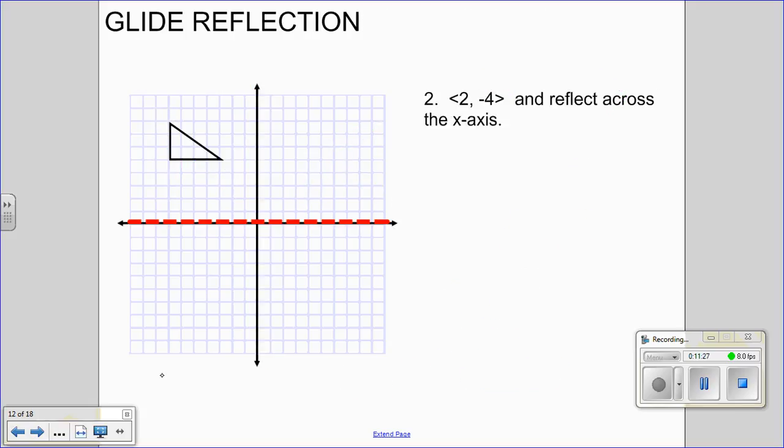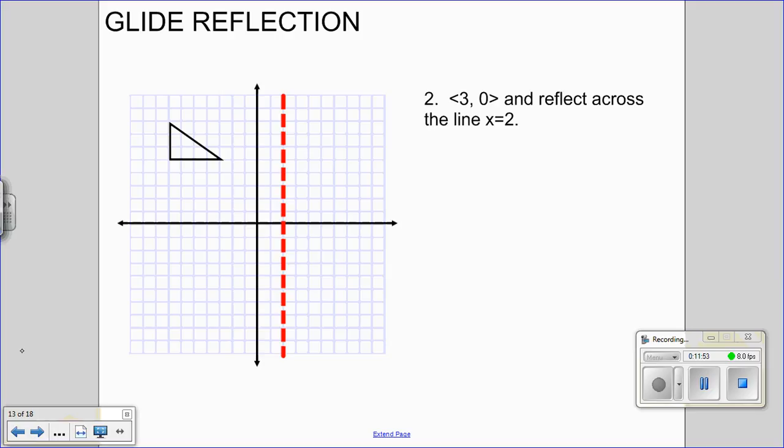This is just another practice with glide reflection. Work on this one and take a picture. Now, for this one, I'm going to work it out with you.